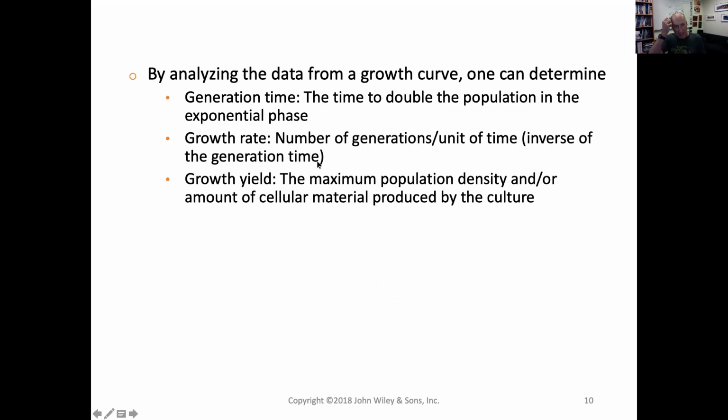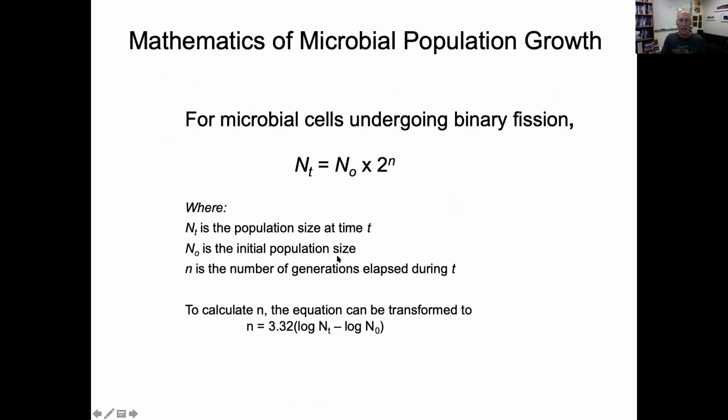So from this kind of data, you can calculate generation time, you can calculate growth rate, and you can calculate growth yield, okay? Now here's a key part, and I realize that this video is getting a little long, but we need to just go through these equations at least briefly.